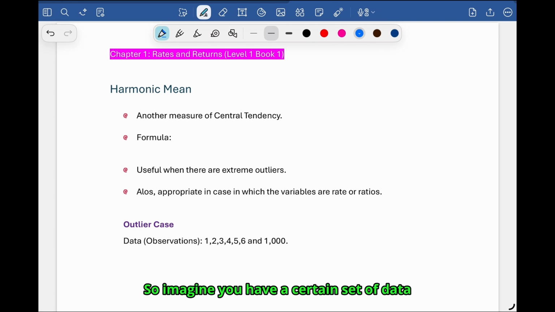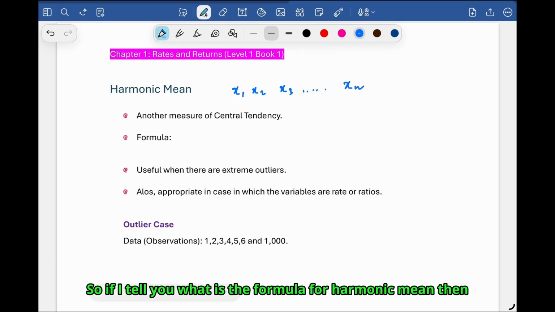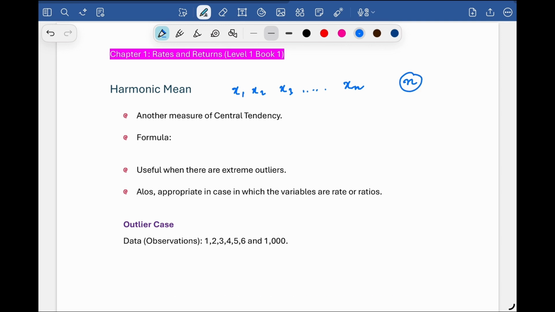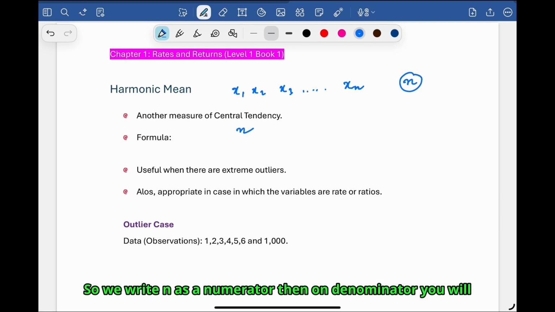Imagine you have a certain set of data, say x1, x2, x3, and it goes on till xn. The formula for harmonic mean is: how many numbers of data are there? It is still n, so there are n numbers of data, and we write n as the numerator.